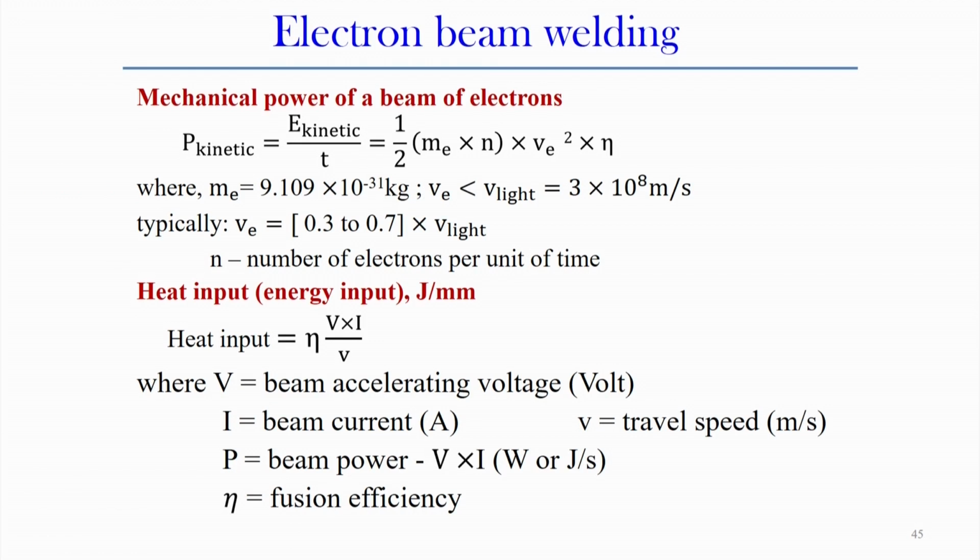So, these are the basic calculations, we can find out the kinetic energy of the electron as well as the power of the electron. Basically we can estimate how to calculate the heat input per unit length in the case of electron beam welding processes.